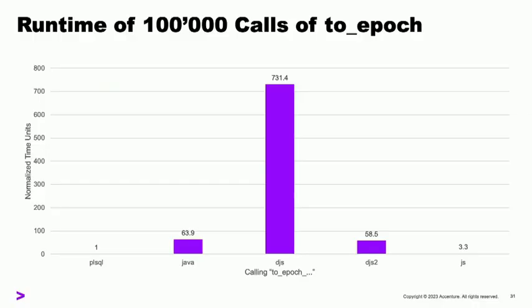The first thing is, I've run this toEpoch function, the one that converts the time to Unix time. And I don't use milliseconds or seconds anymore. I use the normalized time just to make it easier to see the factor of how much slower it is.